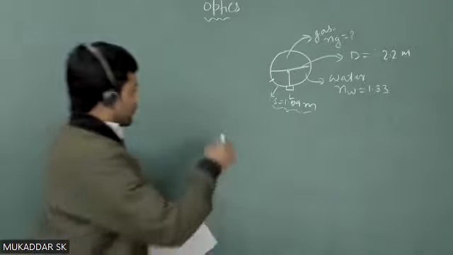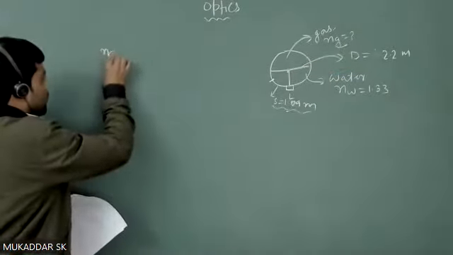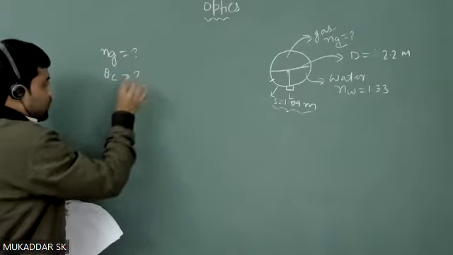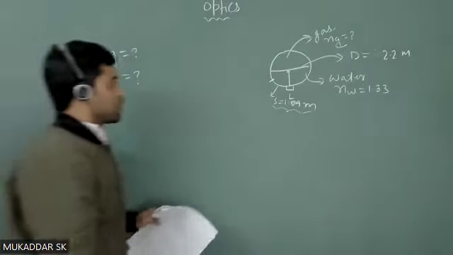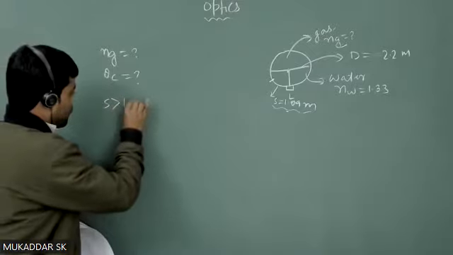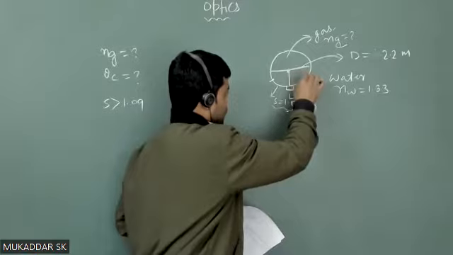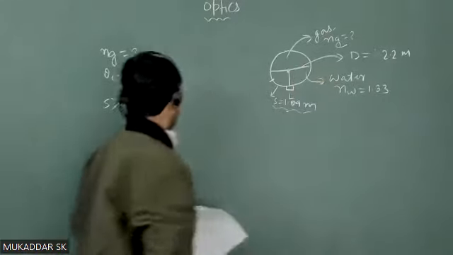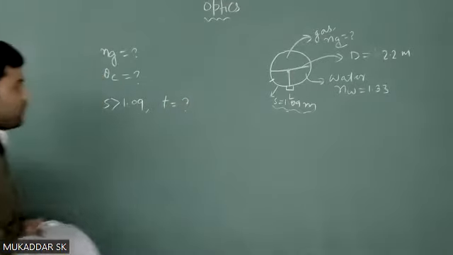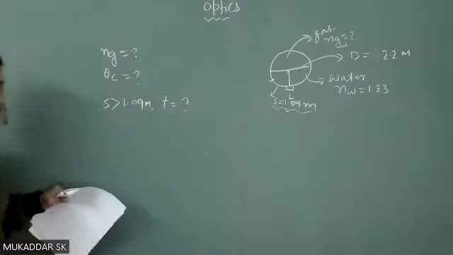So the question was, you have to calculate first Ng, the refractive index of gas, as well as the critical angle. Then third thing, when S is greater than 1.09 meter, the ray striking at the center will come to the surface, right? So how much time will it take to reach that surface? You have to calculate that when S is greater than 1.09 meter.